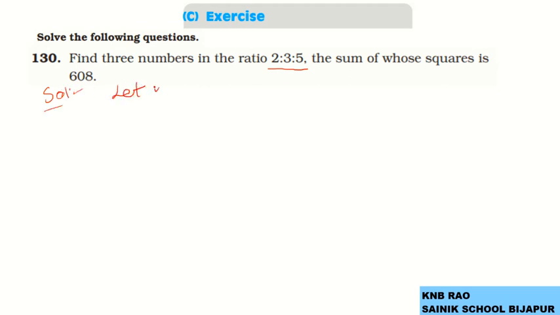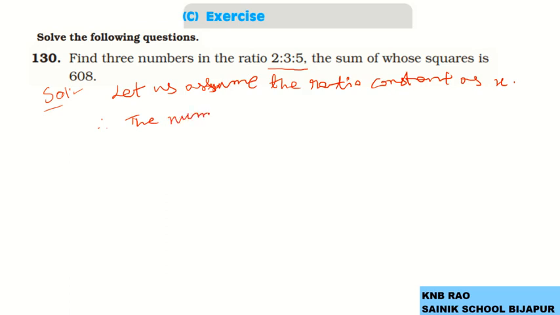Let us assume, therefore, the numbers are 2x, 3x and 5x. Sum of whose squares?